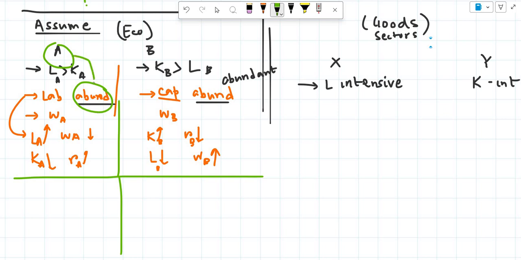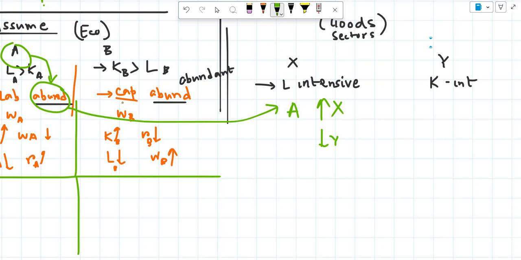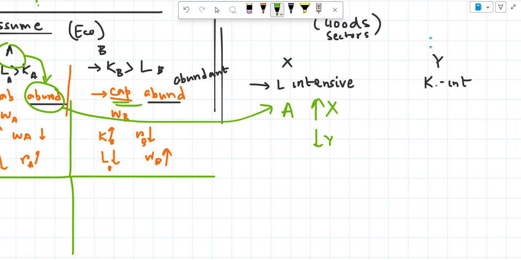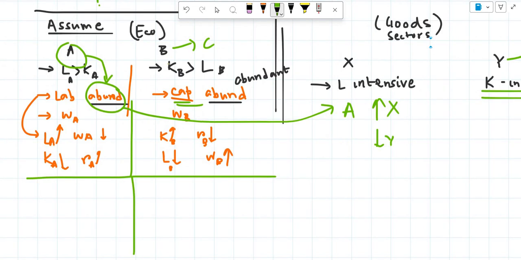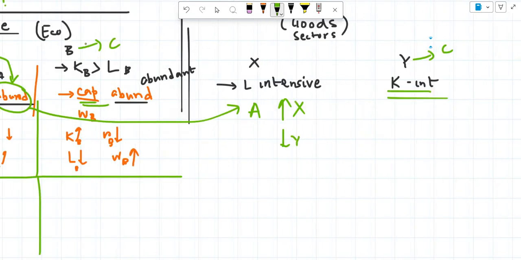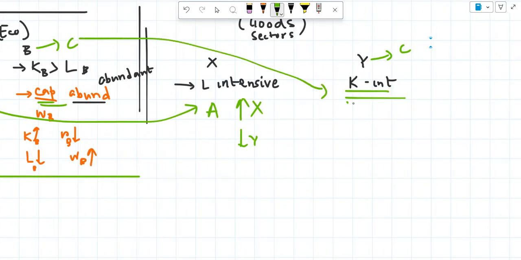So if A is labor abundant, isn't it likely that A will produce more X and less Y? If B is capital abundant and Y is a capital intensive good, that means B has more capital and the Y sector requires more capital. B already has more of it, so B makes more Y.